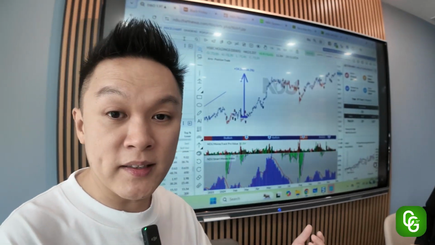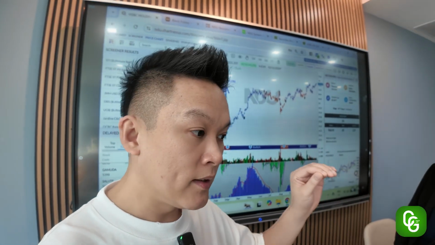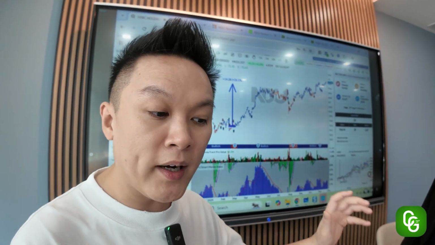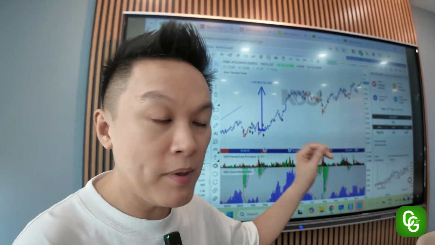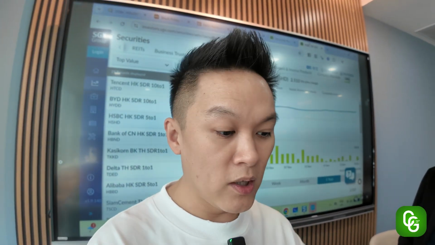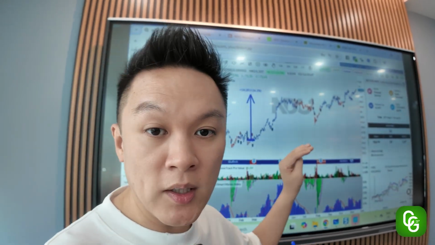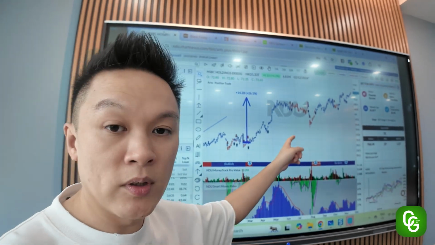So how do you trade this kind of SDR? You don't look at the price of the SDR, you look at the price of the underlying. That means instead of looking at the Singapore price of the SDR, which is right now $2.50, you don't look at this. You just invest by buying the Singapore SDR, but when you look at the chart, you look at the Hong Kong chart 0005, the original shares.